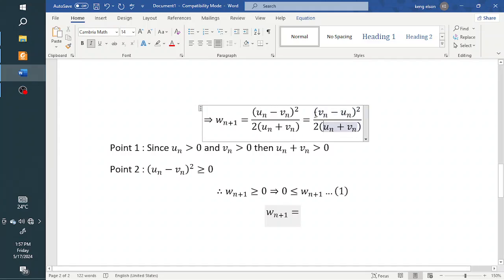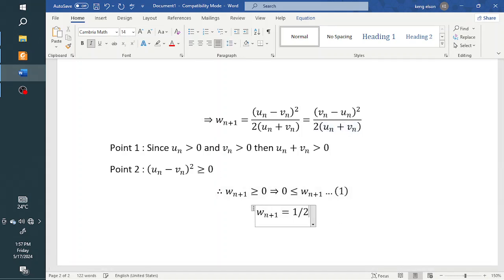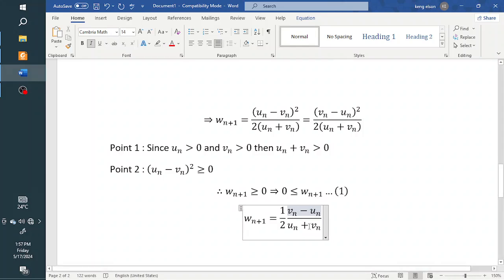Now again, I'm going to rewrite it this way. I'll put a half outside because the half is in my proof already. Alright, now after putting this half outside, what next? I'm going to put un plus vn here, then I am going to put vn minus un.